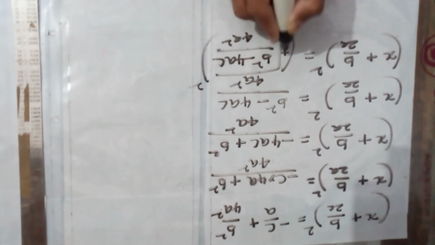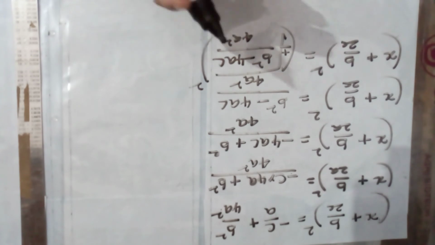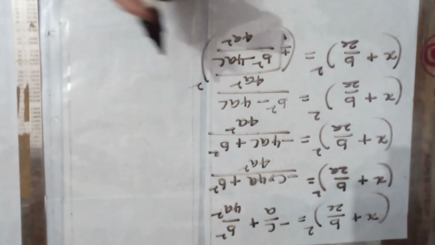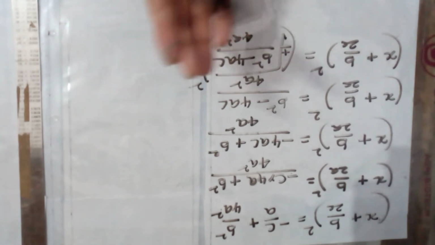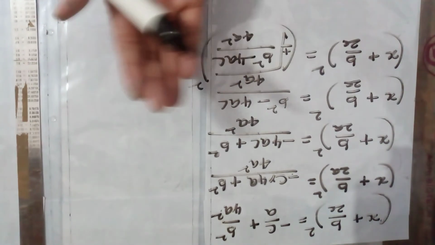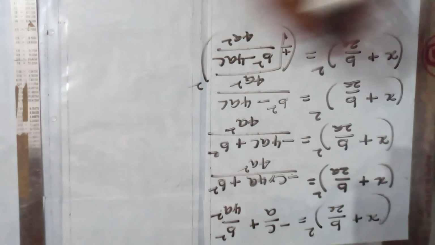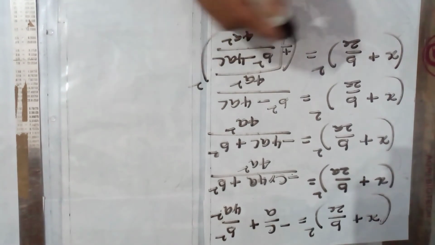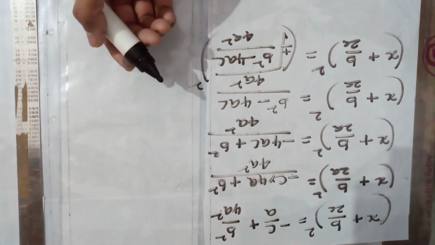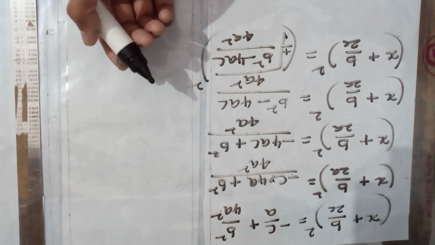Now, as we know, plus of a number will be positive, minus of a number will also be positive when squared. That is plus or minus whole square: a positive number multiplied an even number of times gives a positive number, and a negative number multiplied an even number of times also gives a positive number.